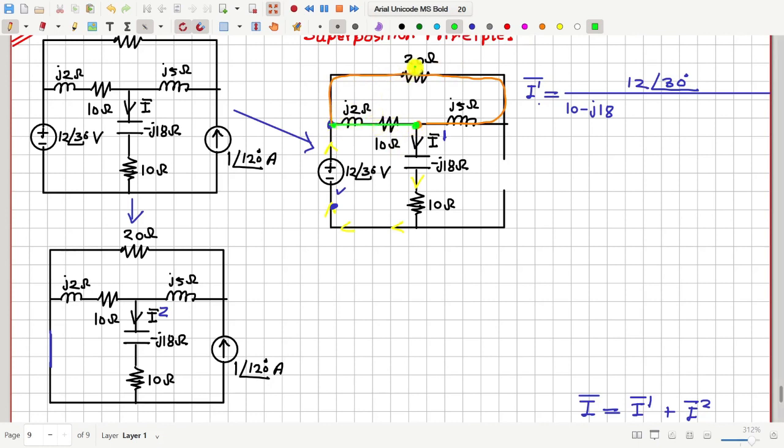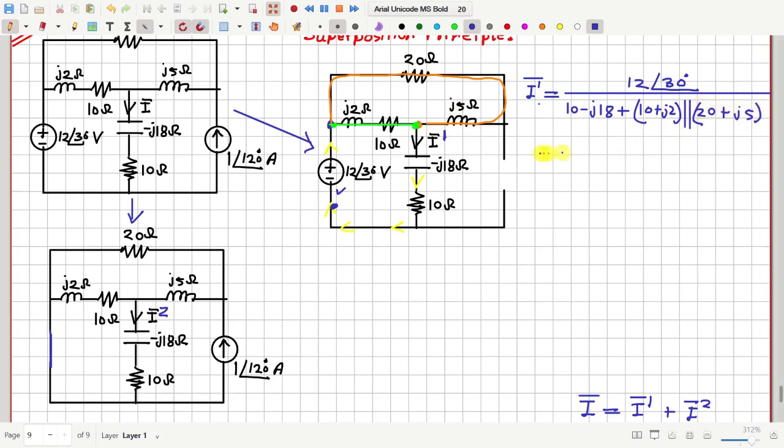So how much is the equivalent impedance of these two paths in parallel? So that will be 10 plus J2 in parallel with 20 plus J5.